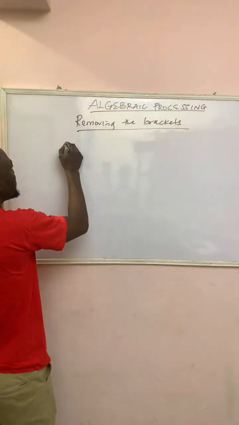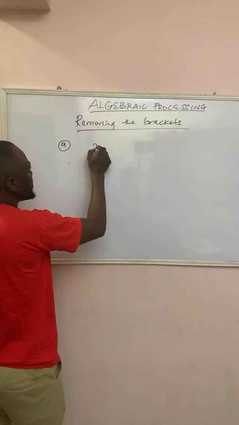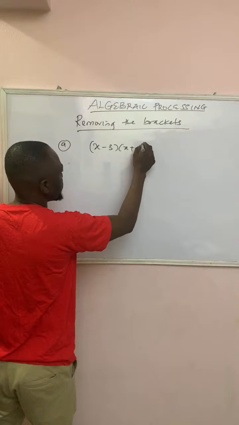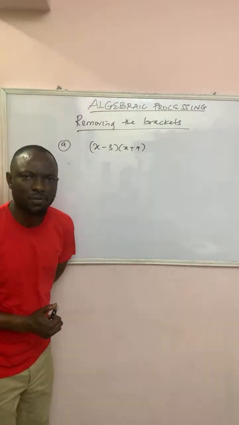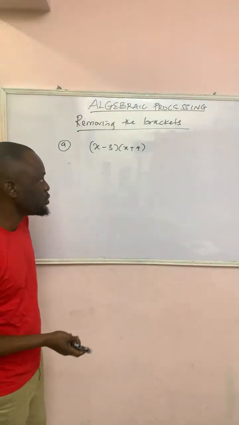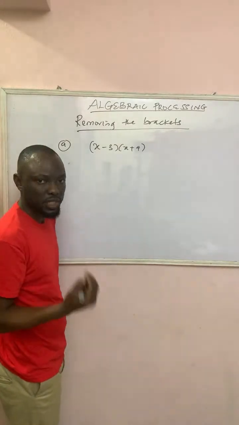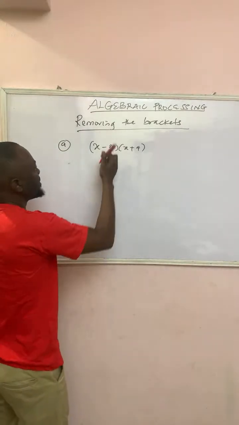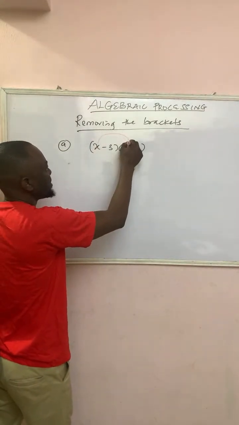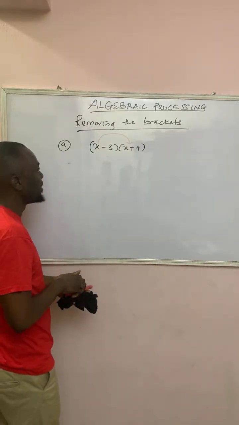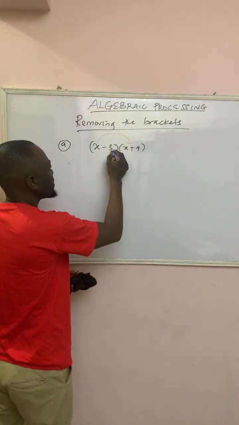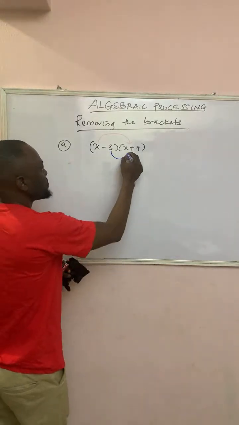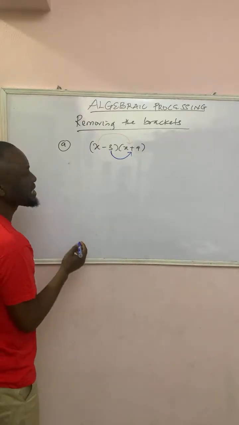So if you have, let's say, x minus 3, x plus 4, and we want to remove the bracket, because bracket simply means multiplication, we will simply multiply x by everything in the other bracket, and then minus 3 by everything in the other bracket. So that's the rule.